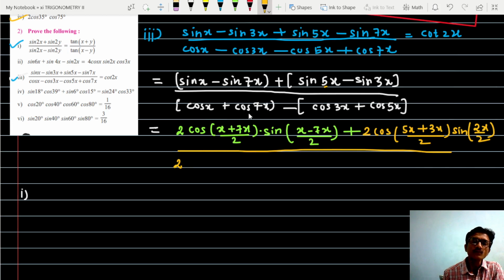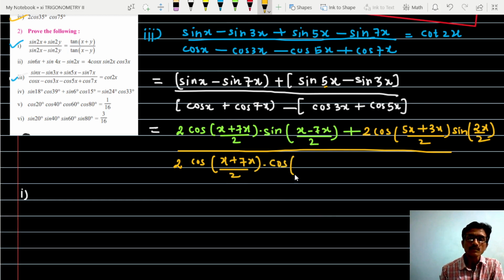denominator, same formula: cos c plus cos d is 2 cos c plus d upon 2, that is x plus 7x upon 2 into cos c minus d upon 2, cos x minus 7x upon 2, minus here same formula 2 cos c plus d upon 2, that is 8x upon 2 into cos c minus d upon 2.